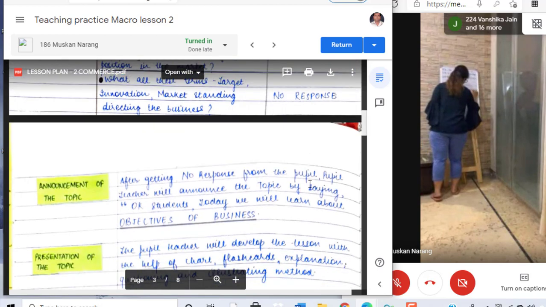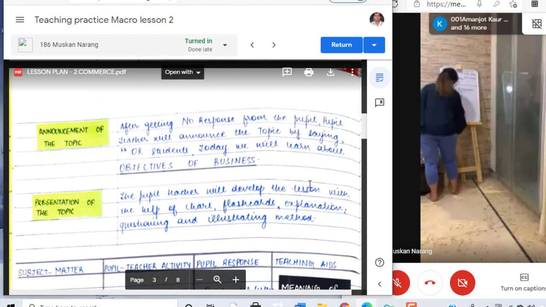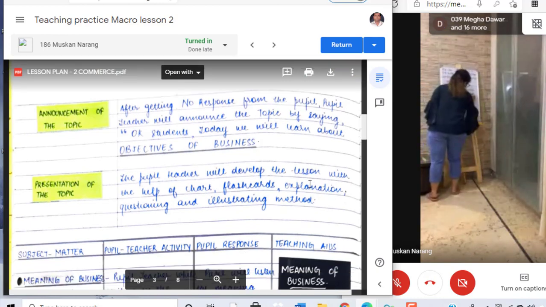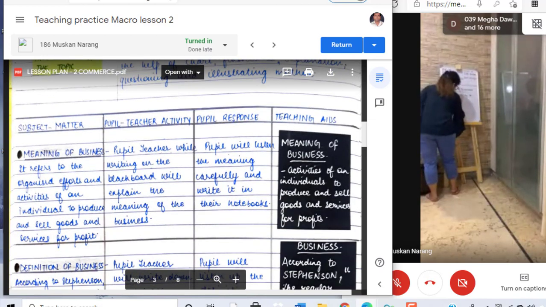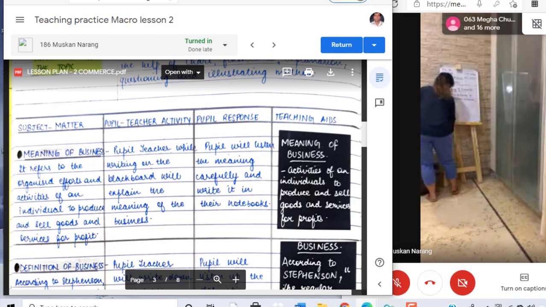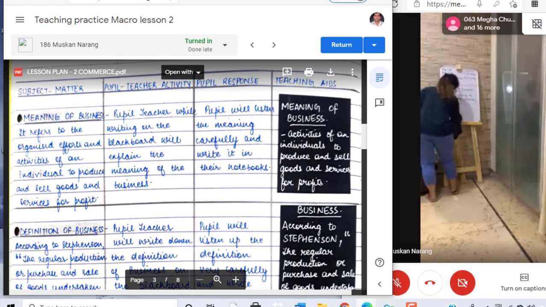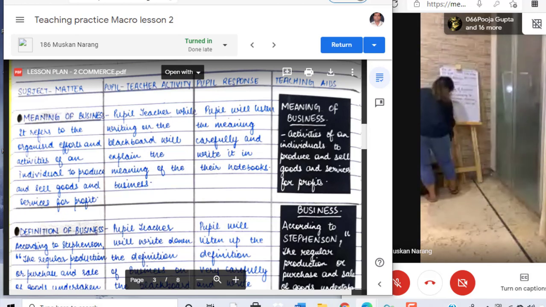It is any economic activity which is undertaken to do the production, purchase, sale of goods and services, but with a motive to earn the profit.